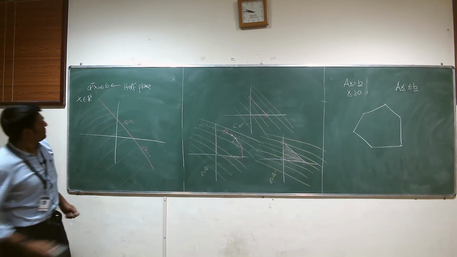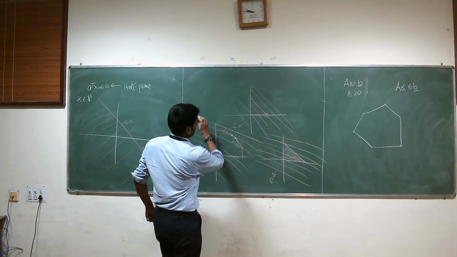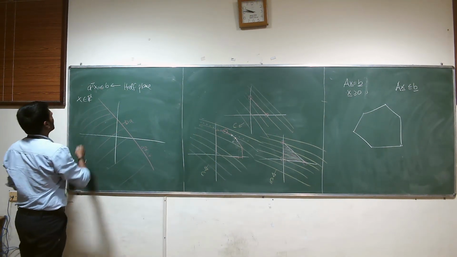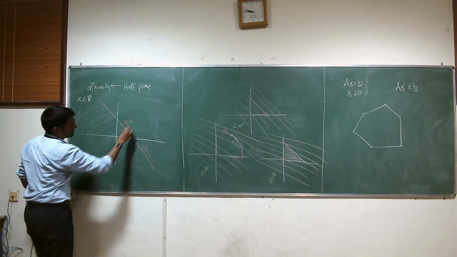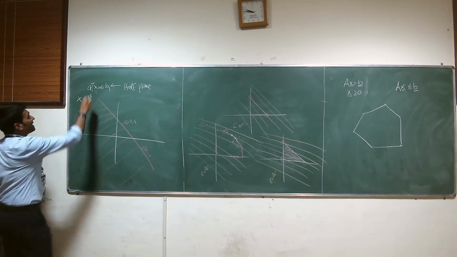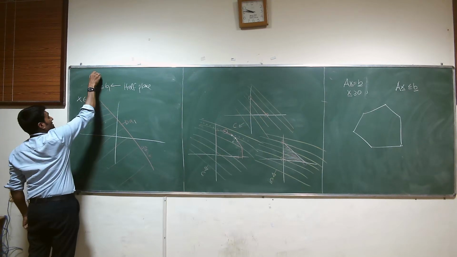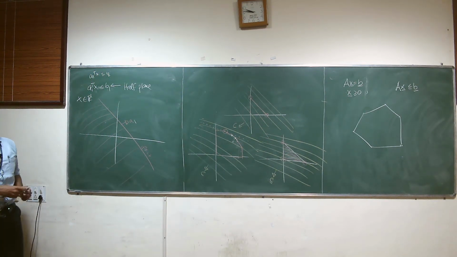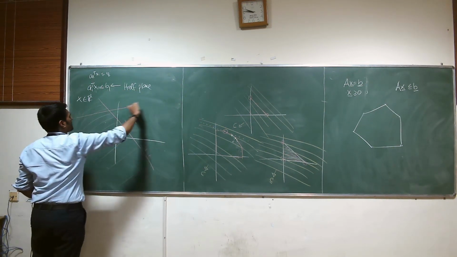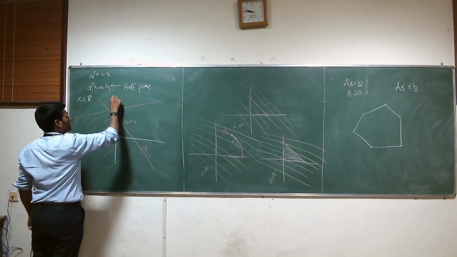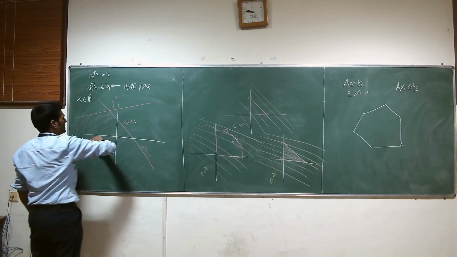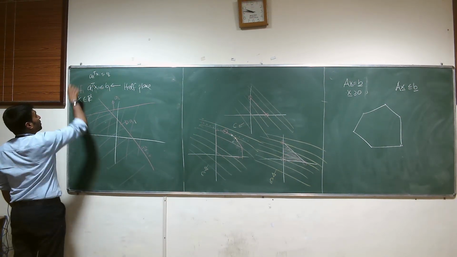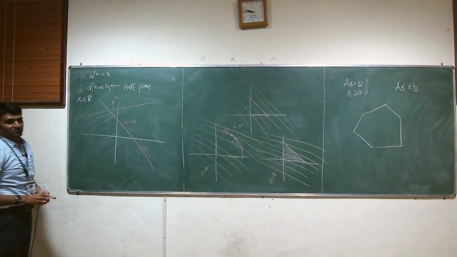Now imagine I had another constraint, A2 transpose X. That corresponds to this. This is A2, and it's all of this. I'll call this H1, half plane 1, and half plane 2.